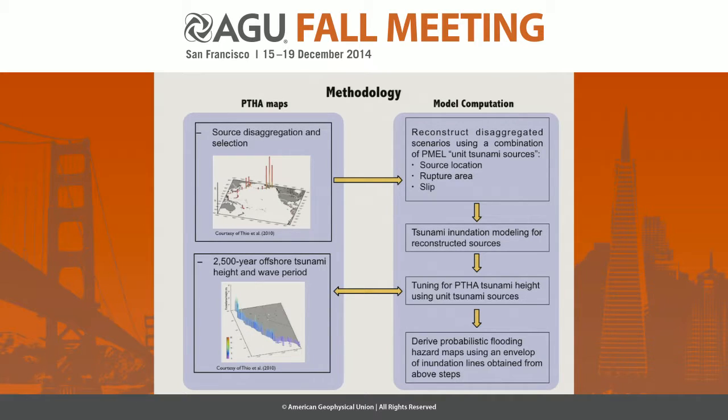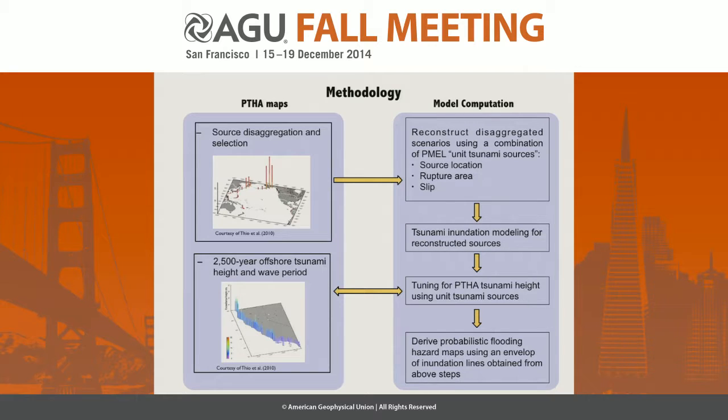And then from that disaggregation information, we'll reconstruct the sources using a combination of PMEL-developed unit tsunami scenario sources based on the source location, rupture area, and also slip amount.